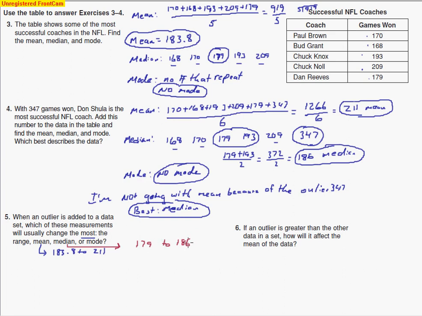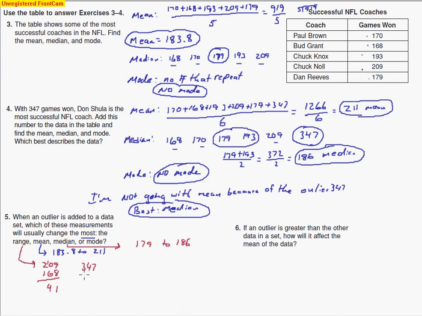They both got bigger. But look at the range. We didn't do the range the first time, but look what's going to happen to the range. The first range would be from 209, we'd have to subtract 168. If we do that subtraction real quick, we borrow here, and 41 would be the range. Over here, we added that 347, and now that's the biggest number.